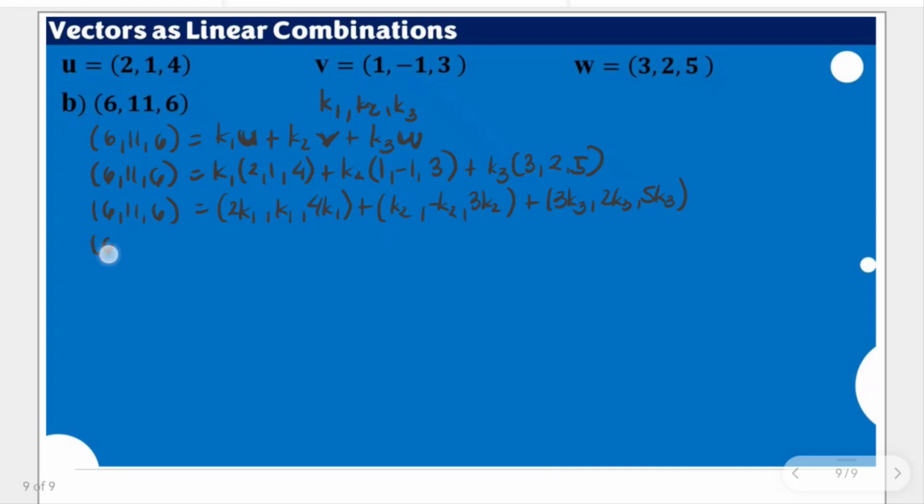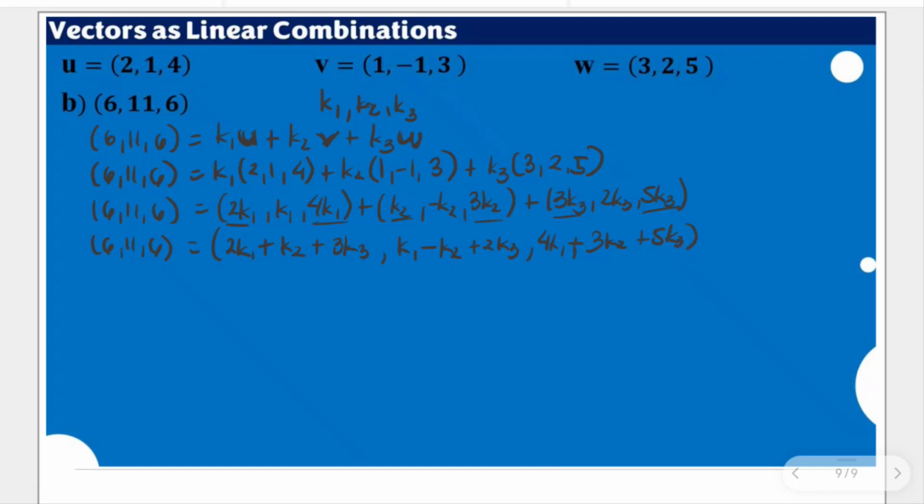The first entry is 2k sub 1 plus k sub 2 plus 3k sub 3. The next entry is k sub 1 minus k sub 2 plus 2k sub 3. And the last entry is 4k sub 1 plus 3k sub 2 plus 5k sub 3.